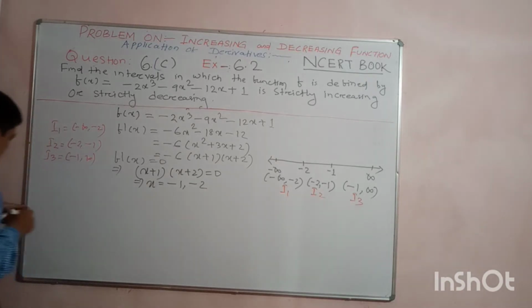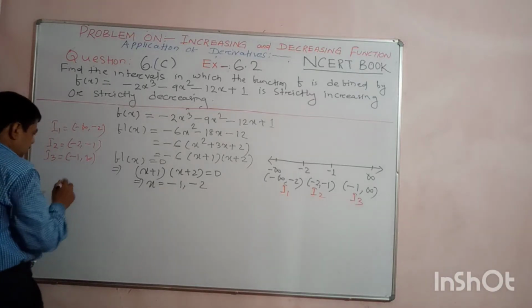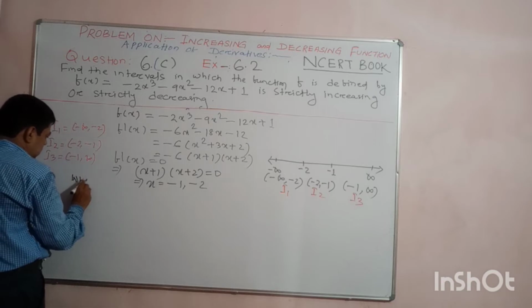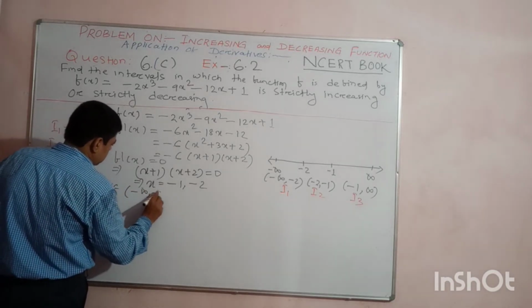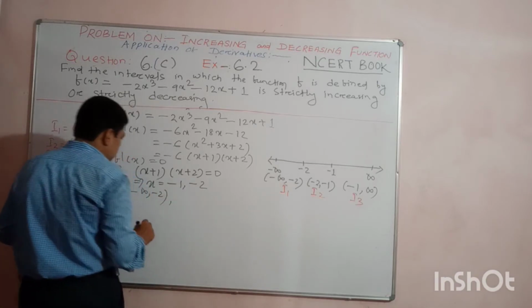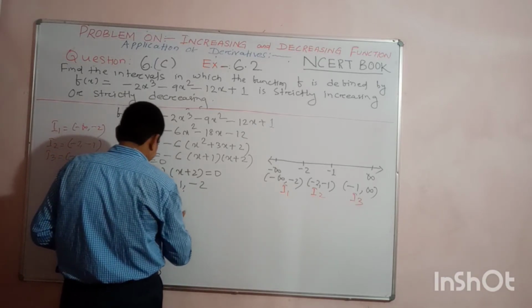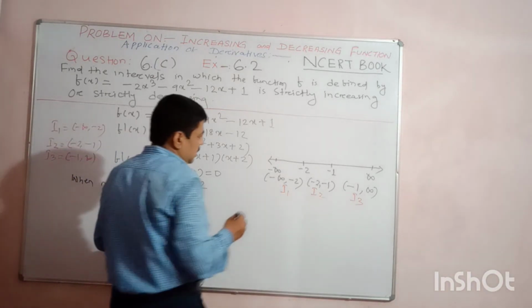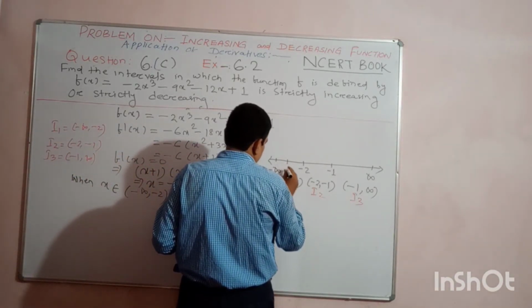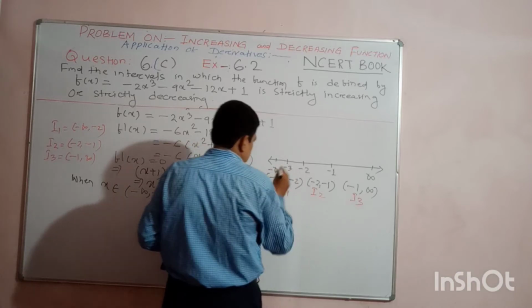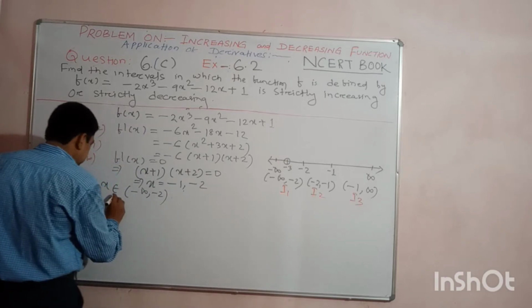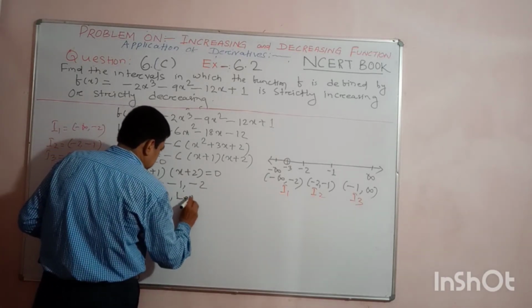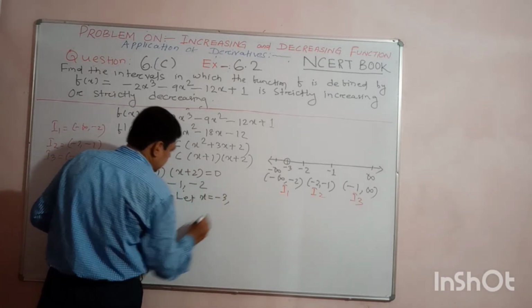Let's see in which interval the function is strictly increasing or strictly decreasing. When x belongs to the first interval, minus infinity to minus 2, let's take a number, suppose minus 3.